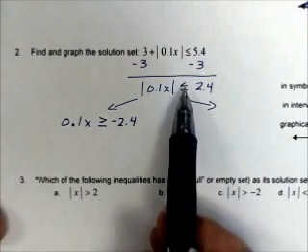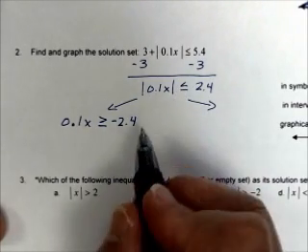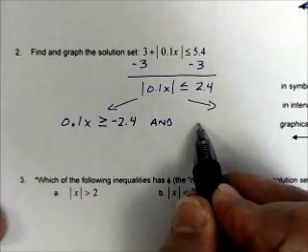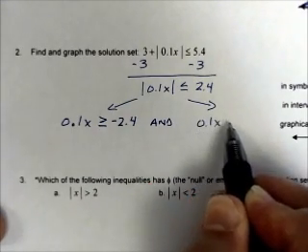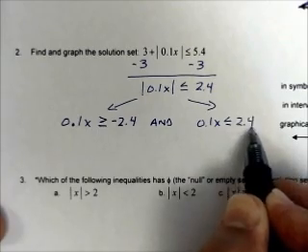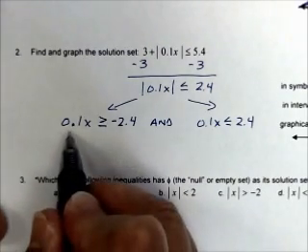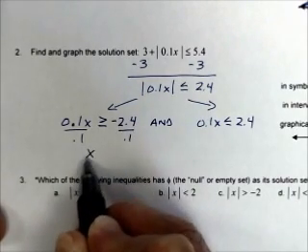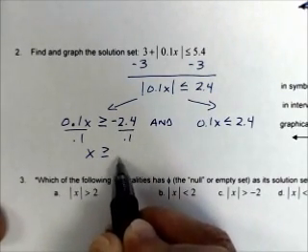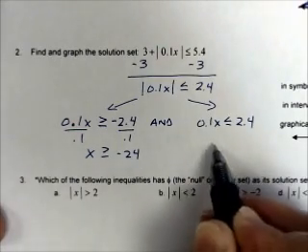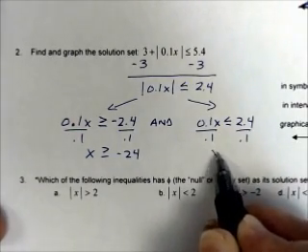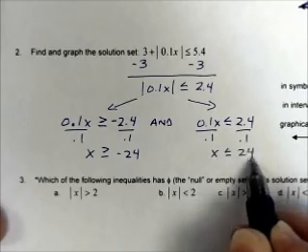The original inequality is a less than, so this is an and. 0.1x is less than or equal to 2.4. Divide both sides by 0.1, and we have x is greater than or equal to negative 24, and x is less than or equal to positive 24.